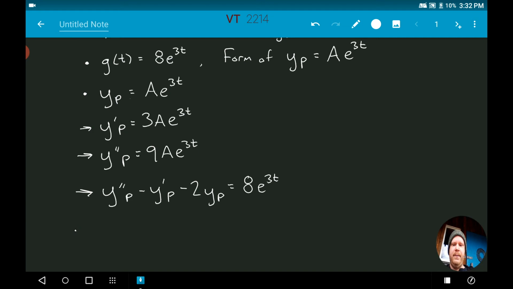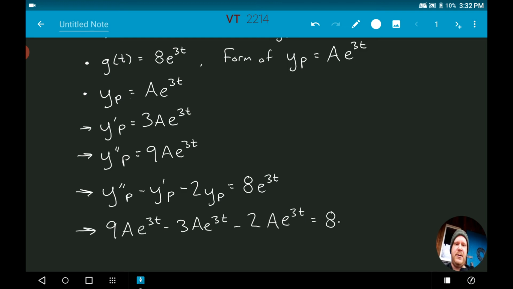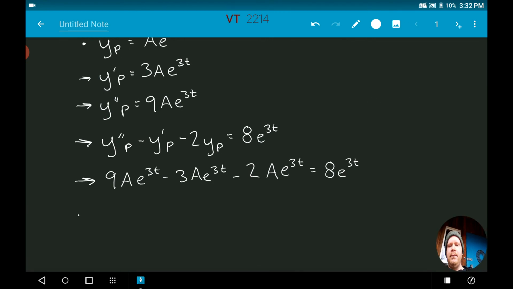So if I plug everything in, I end up with 9a e to the 3t minus 3a e to the 3t minus 2a e to the 3t, and that's all equal to 8e to the 3t. A lot of simplification we can do here.